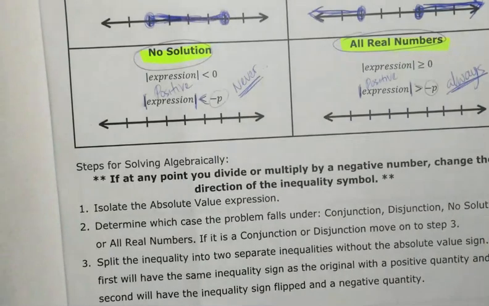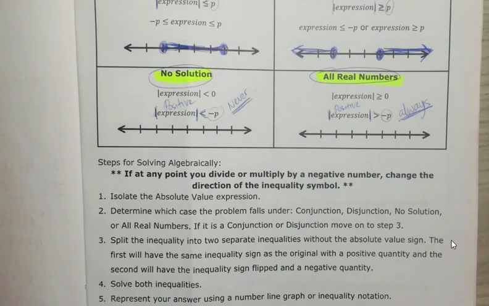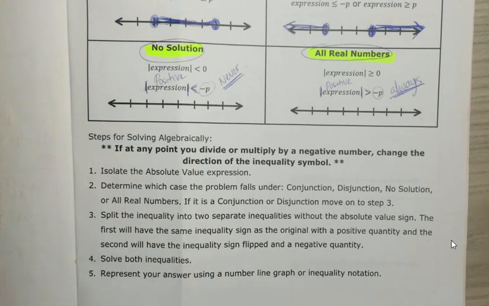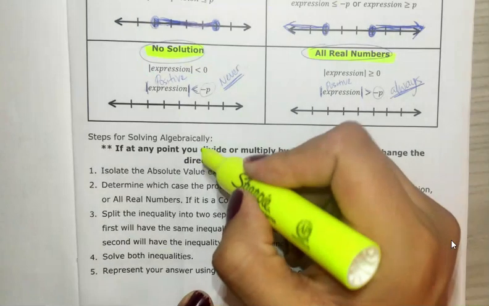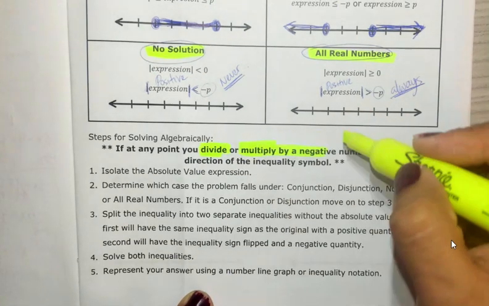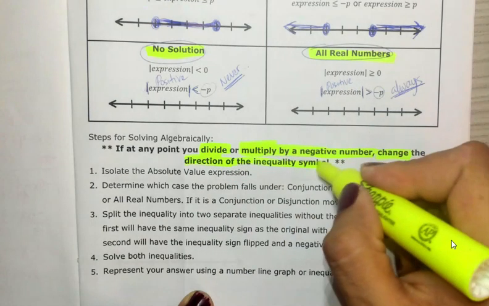The steps to solve are similar to solving equations, but now we also consider switching the sign in certain cases. Whenever you divide or multiply by a negative number, you're going to change the direction of the inequality symbol.